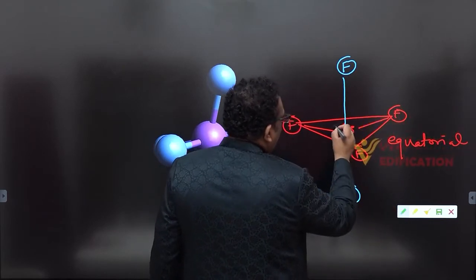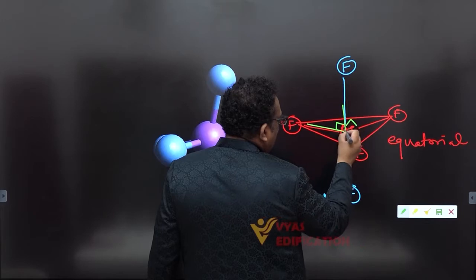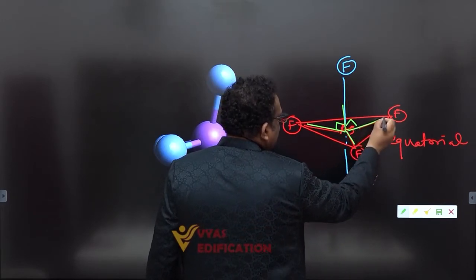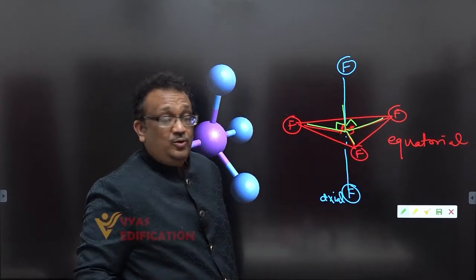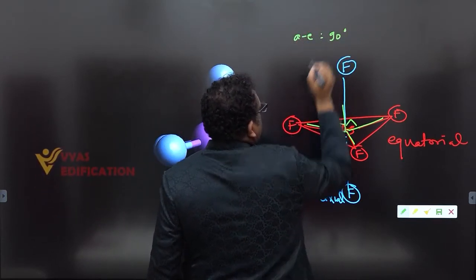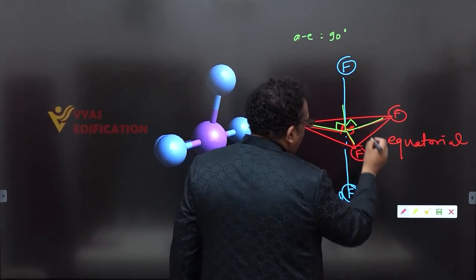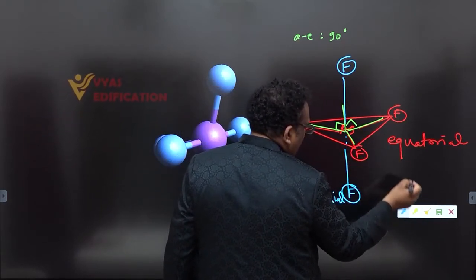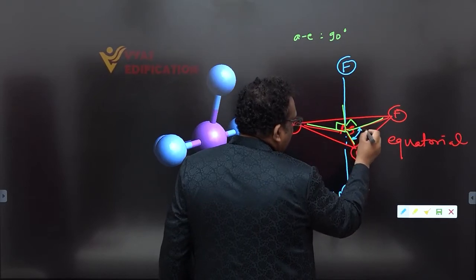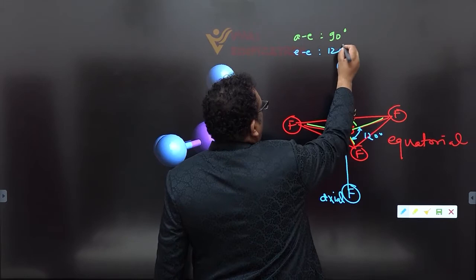Why exactly? Please note that the angle between equatorial and axial is 90 degrees. So axial equatorial is 90 degrees. On the other hand, if you notice this angle between different equatorial angles, this is 120 degrees. Equatorial is 120.